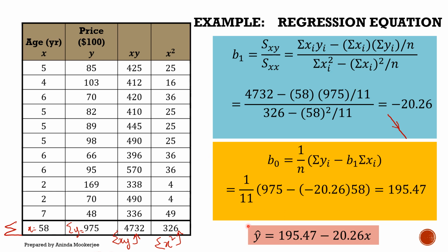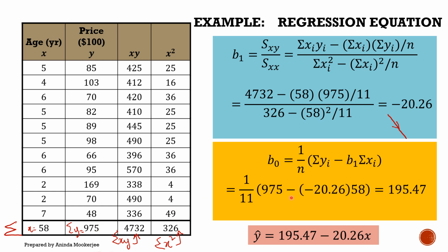Sigma x is 58. Let me do this. So 58, this bracket closes the bracket before 975. For a second I got confused with this extra bracket. So 1 divided by n is 1 divided by 11, times 975, which is sigma y.